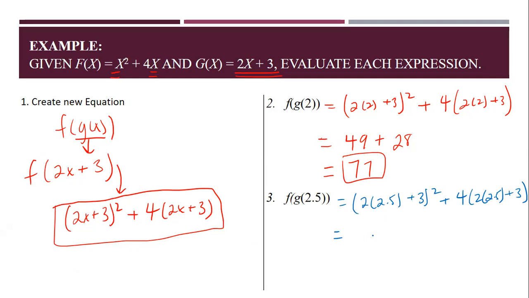What's 2 times 2.5? 5. What's 5 plus 3? What's 8 squared? All right, 2 times 2.5. 5 plus 3. 8 times 4. 32. So what's our final output? 96.